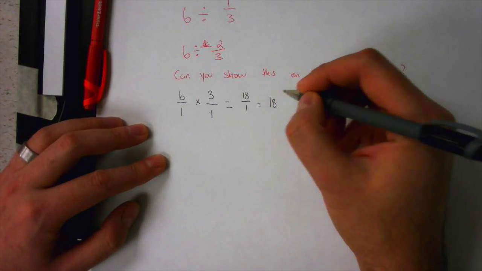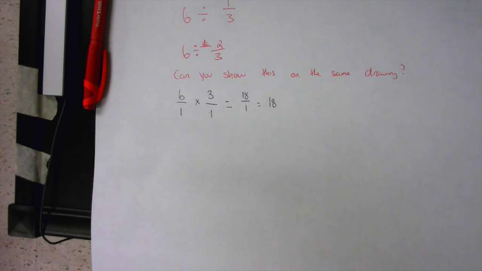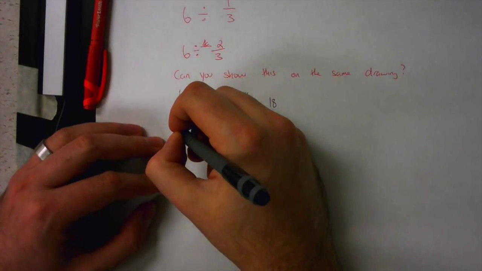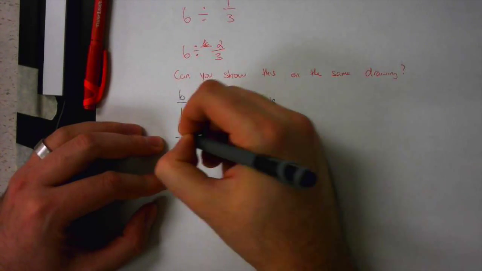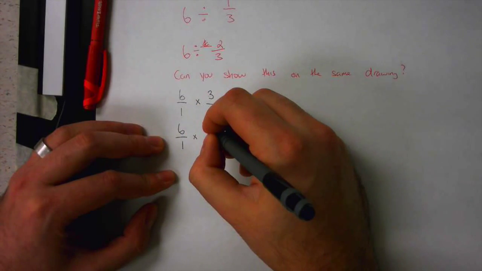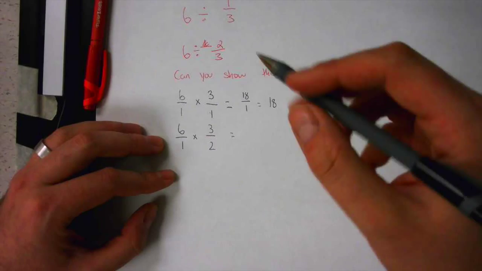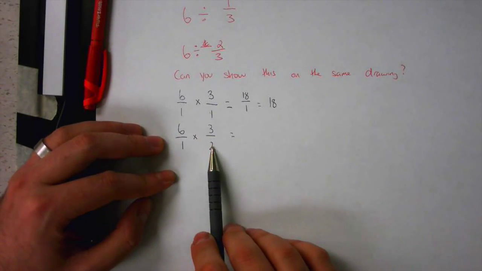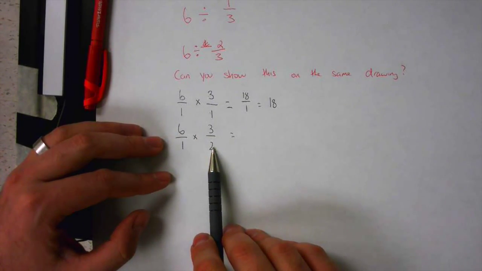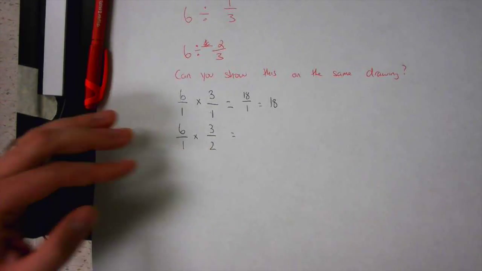Which equals 18, okay. So did you apply the same strategy for the next question? Okay. So you did 6/1, and then you multiplied 3/2. Now you can cross reduce for this one. So I see here that 6 and 2 have a common multiple, or lowest common whatever.